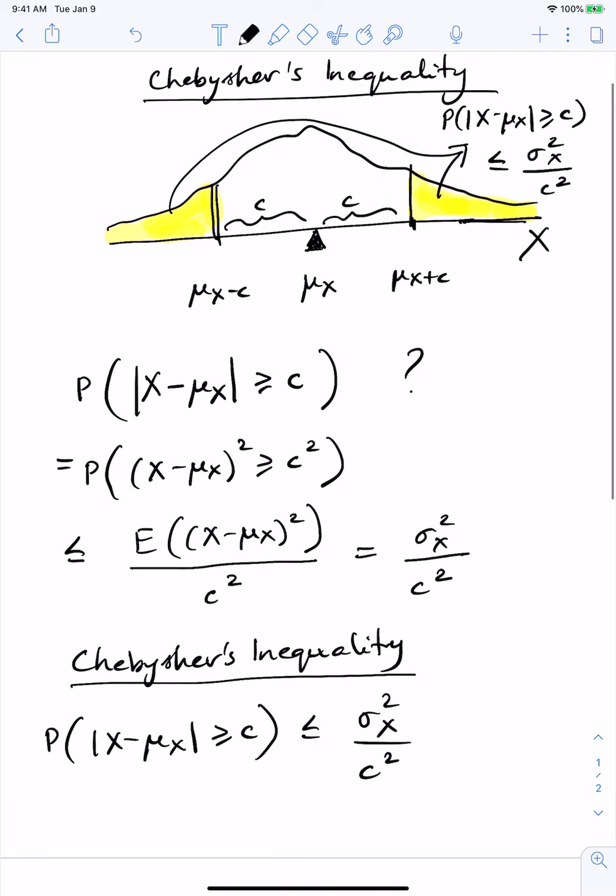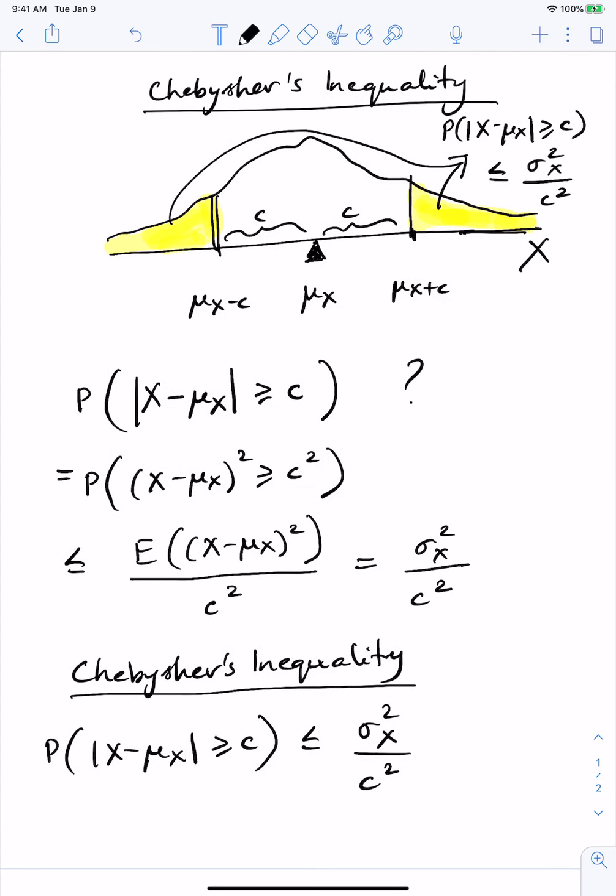And again, you get a small upper bound when c is pretty far out from the center of the distribution. So this is a tail bound. Markov's inequality is another tail bound, and so is Chebyshev.